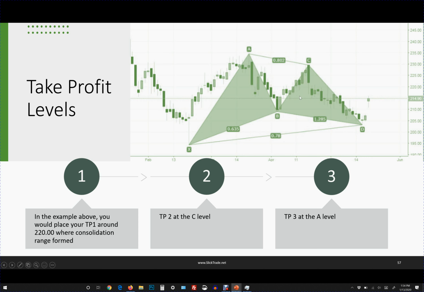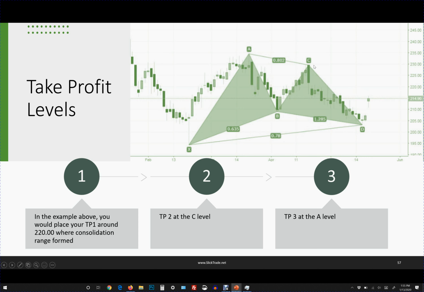And if you're familiar with price action, you see this is a level where price has come up, bounced down and up, and broke through. This is where you see price fluctuating in between. So that's where I would put my take profit 1.